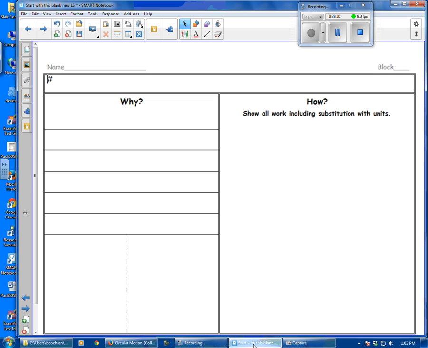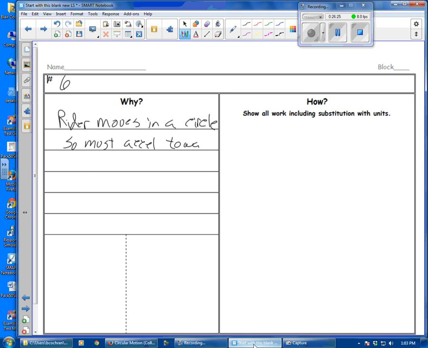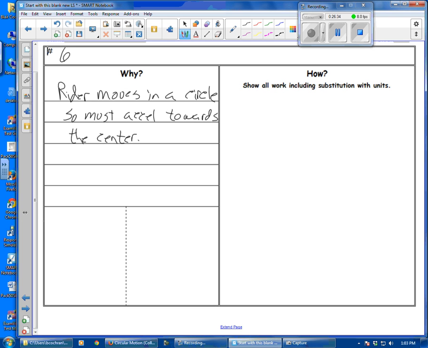So you have, the riders are moving around in a circle in this radius. How many revolutions per minute will the riders be subjected to when acceleration is that? So, let's see, what number is this? 6. So, rider moves in a circle, so must accelerate towards the center. The faster they move, the more acceleration.